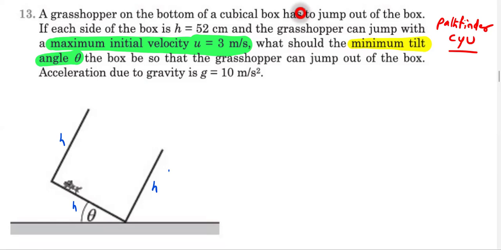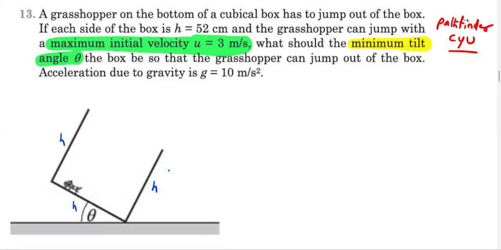One side is telling maximum initial velocity, and minimum tilt is asked. How to include both these conditions in our problem? They are going to help us assume the basic necessary ideas for problem solving.